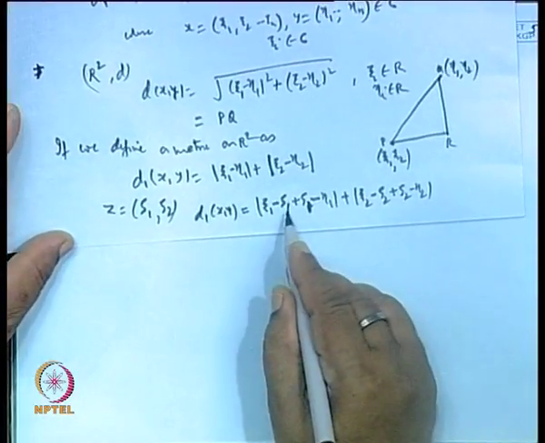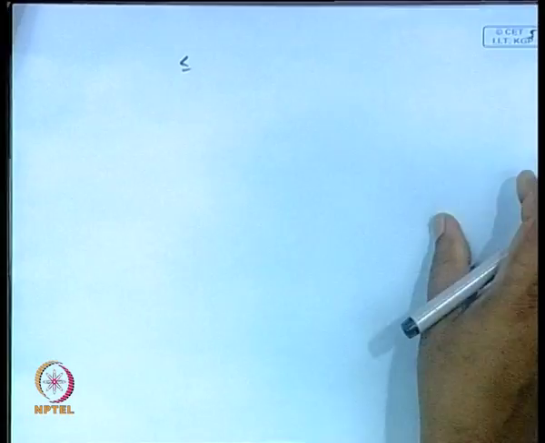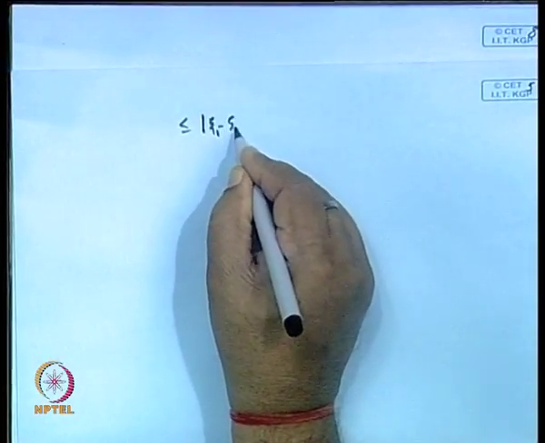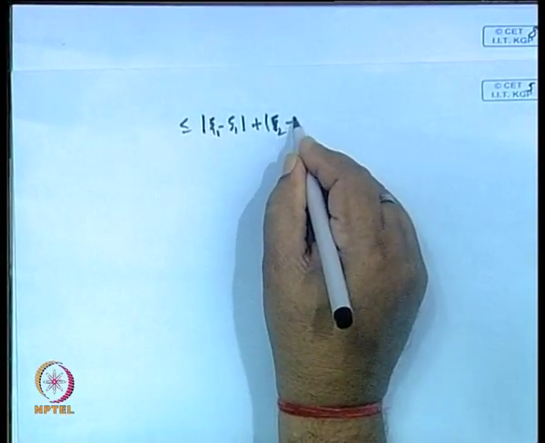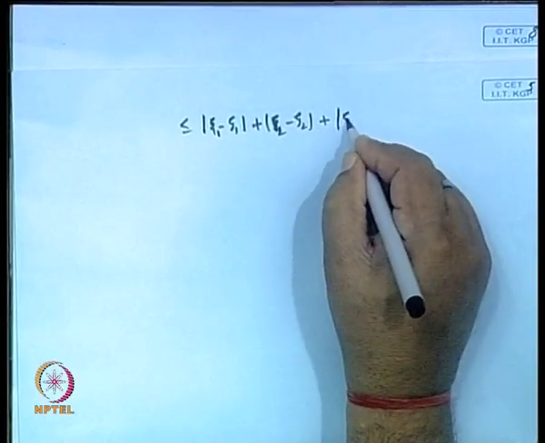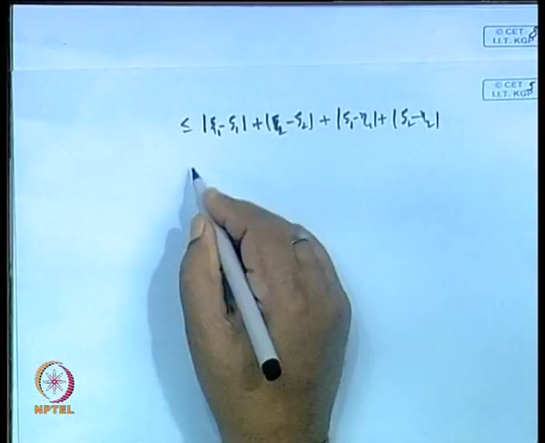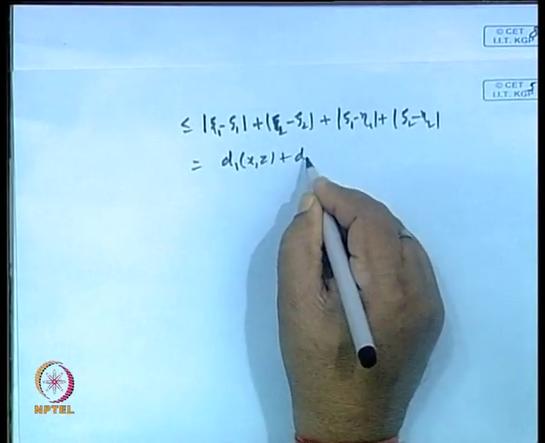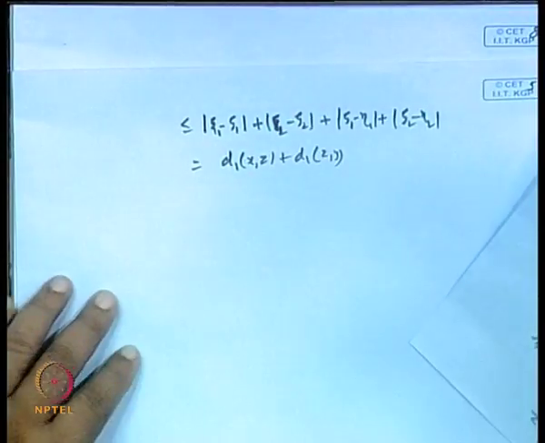So, what we get is this is less than or equal to mod of xi1 minus zeta 1 plus xi2 minus zeta 2, plus zeta 1 minus eta 1 plus zeta 2 minus eta 2, and that is equal to d1(x, z) plus d1(z, y). So, the triangle inequality is satisfied by this.